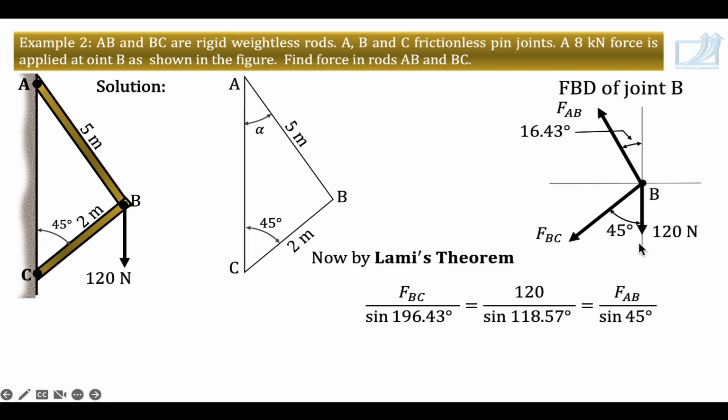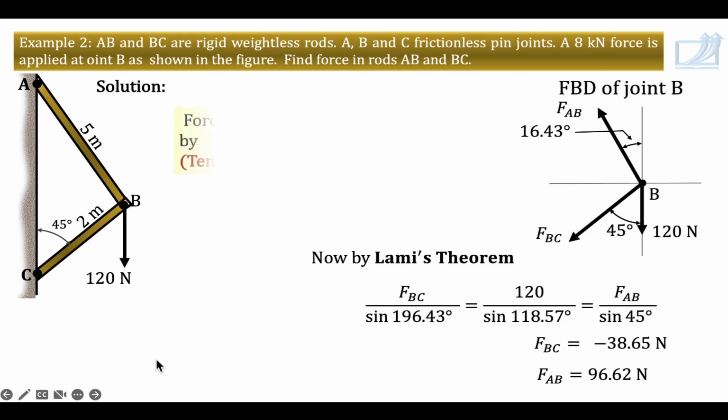FAB divided by opposite angle 45, and you will get the answer. First equation gives you FBC, second equation gives you FAB. So FBC is minus 38.65 Newton. FAB is 96.62 Newton.